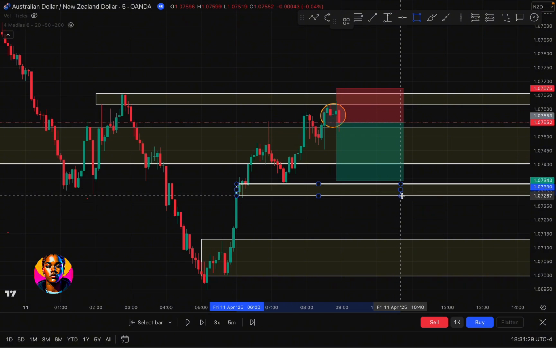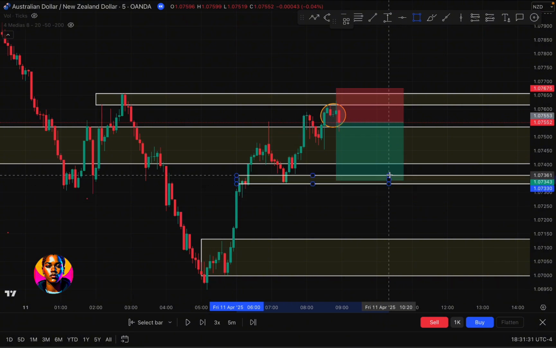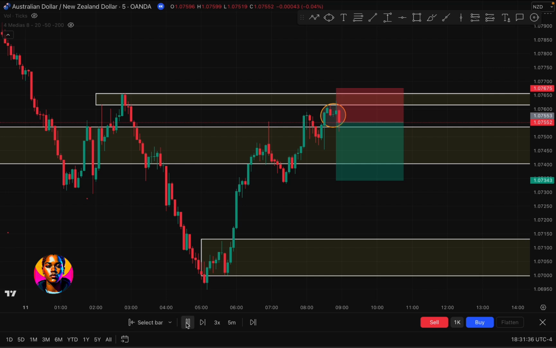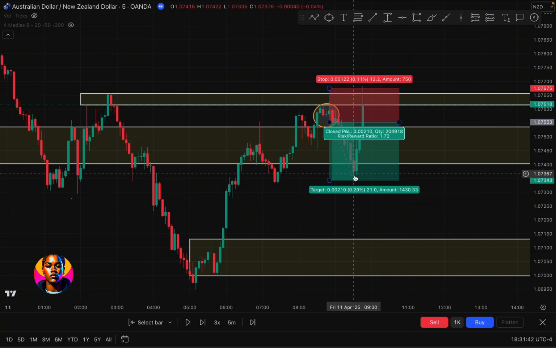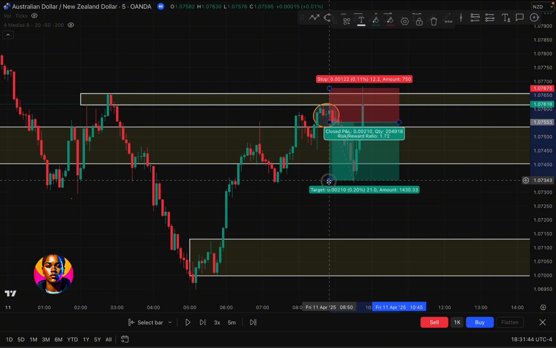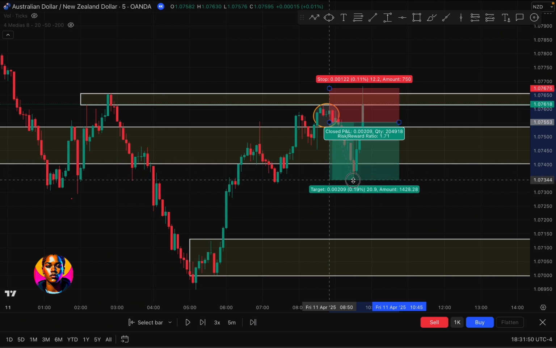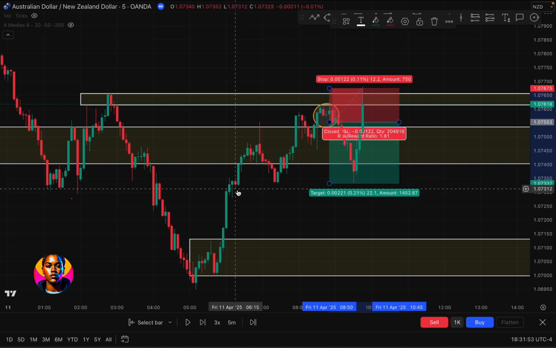So I'm going to show you where I said, you know what, I can start taking on my trade. So once I started seeing this rejection candle, I immediately took it out. So I didn't really get the full take profit. I immediately took it out somewhere around here. So once this candle closed, since there was already this support right here and this support right here, I immediately took it out.